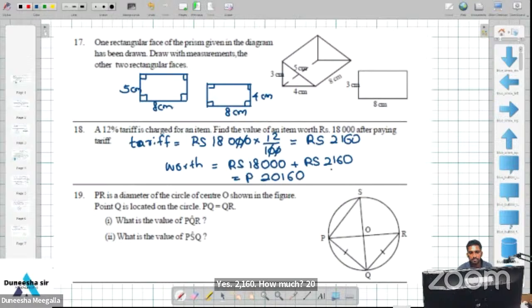Is it the answer? That is the answer, Inuri, right? Yes sir. If you complete the 18th question, get the answer for the 19th one.